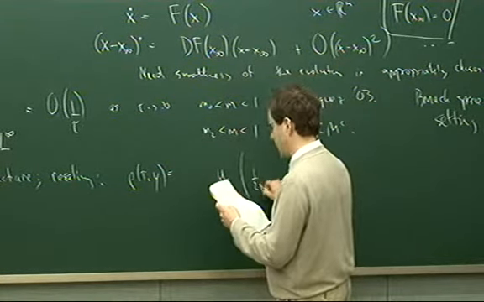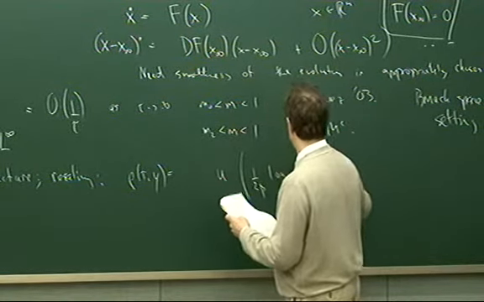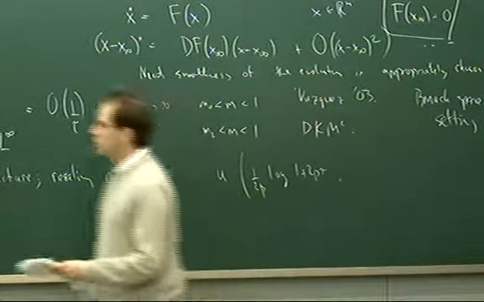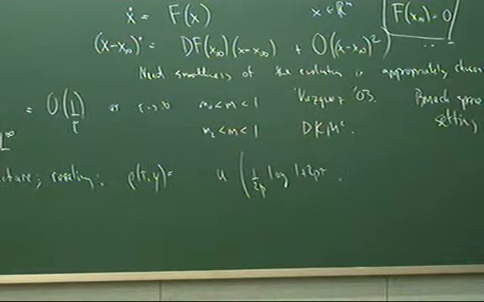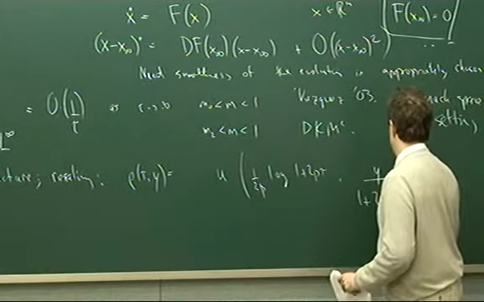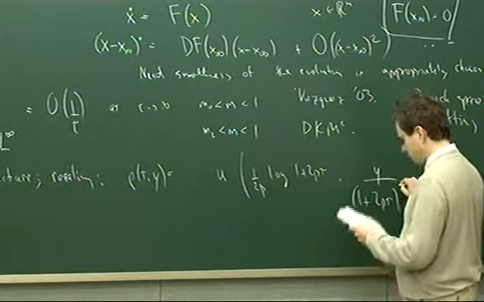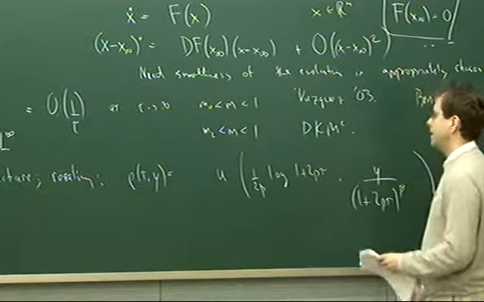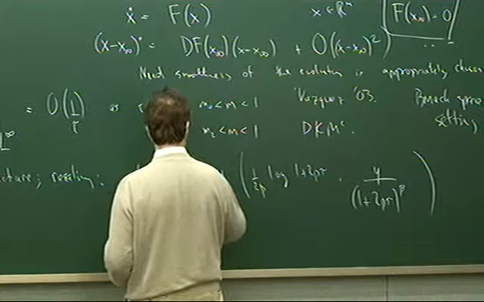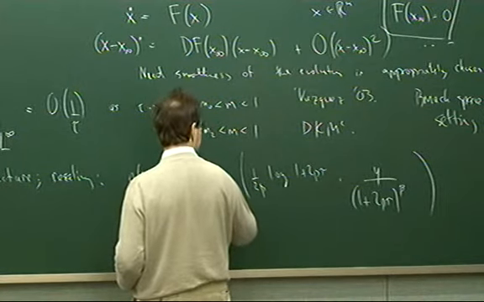The new time will be like log of 1 plus 2b tau. And I want to view the evolution from this distance away, so let me also divide y by 1 plus 2b tau to that power. And I want u to have the same amount of mass as rho, so let me put the right factor outside to conserve mass.